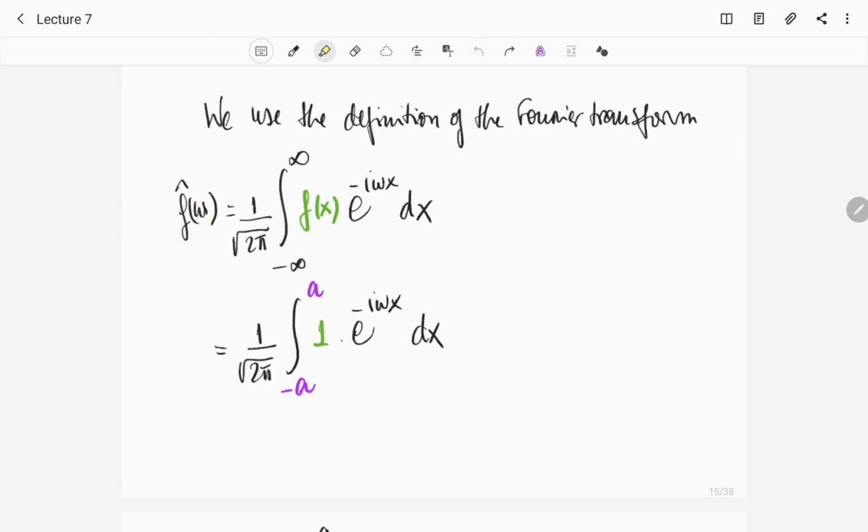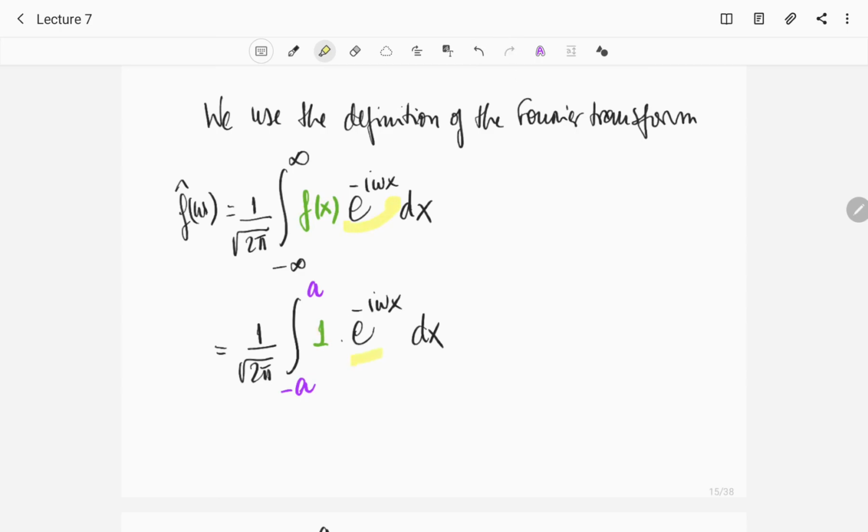Okay, so now we use the definition of f, that, if you remember, is 0 outside the interval minus a, a, and inside that interval is equal to 1. That's why this minus infinity turns into minus a, and f of x turns into 1.